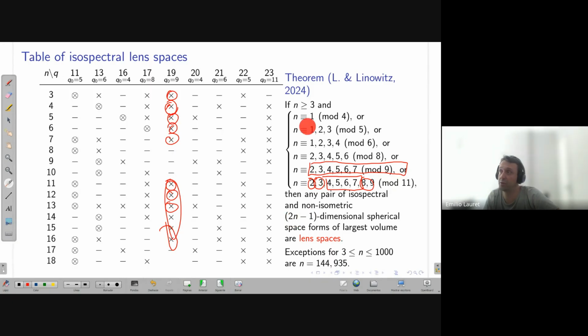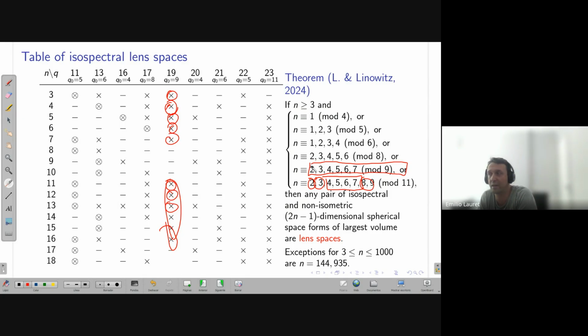The dimensions respond to this condition. So we obtain this using this table. We obtain all these conditions, which are a lot, but it is not enough to say that the isospectral spherical space forms of highest volume are always attained in lens spaces.